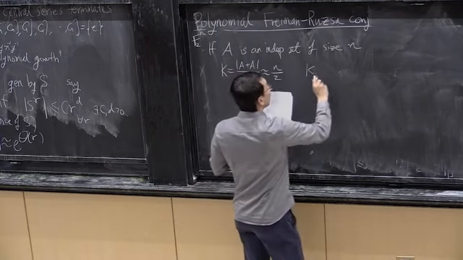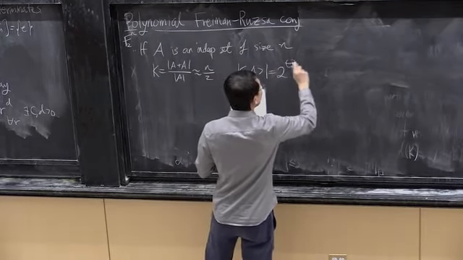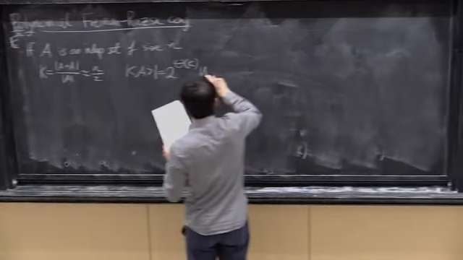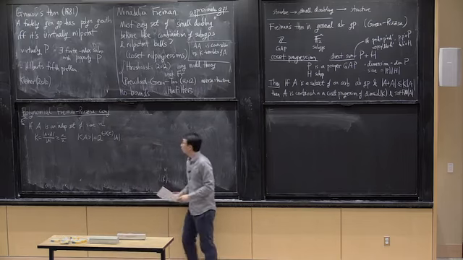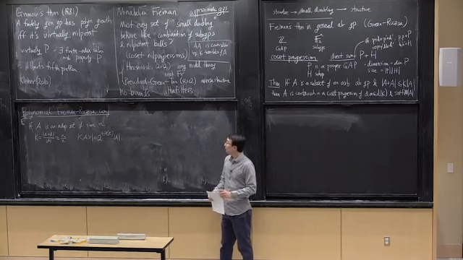And yet, the subgroup that contains A has size 2 to the something on the order K times A. So you necessarily incur an exponential loss over here.